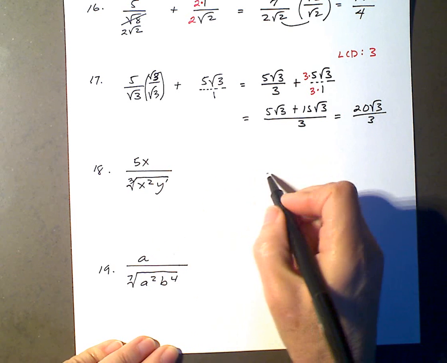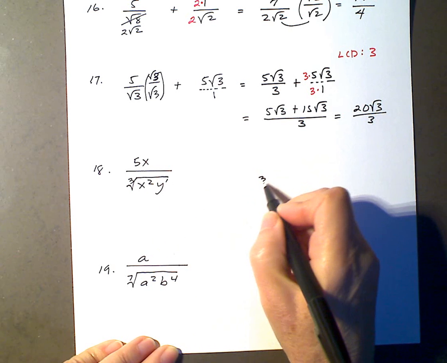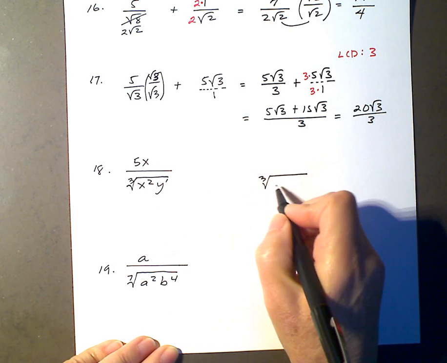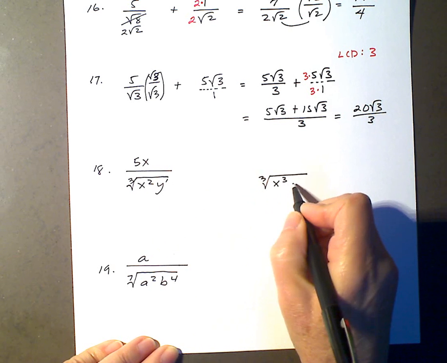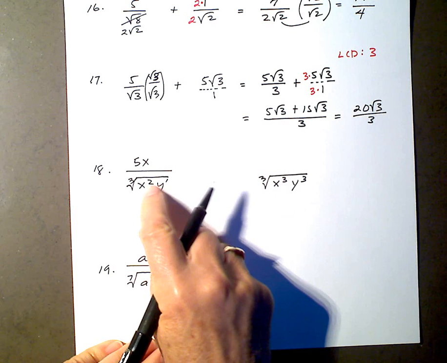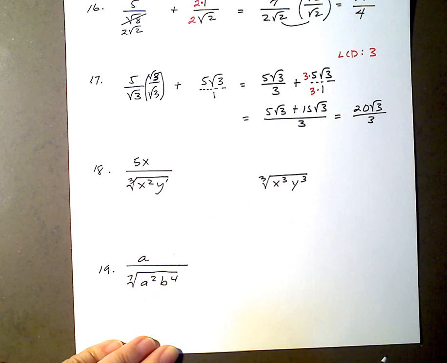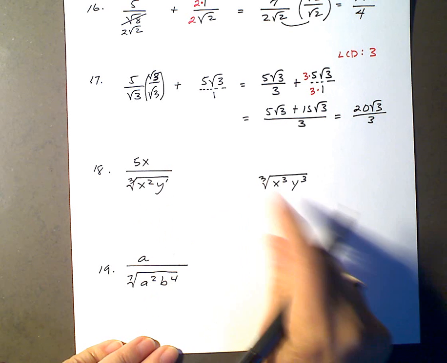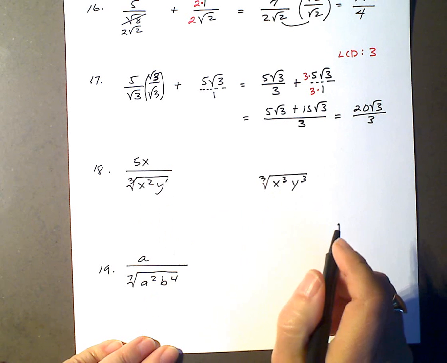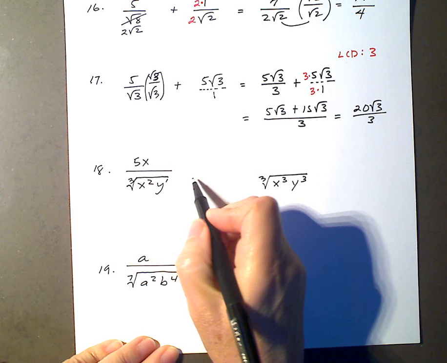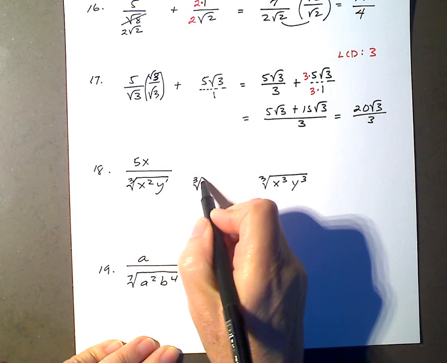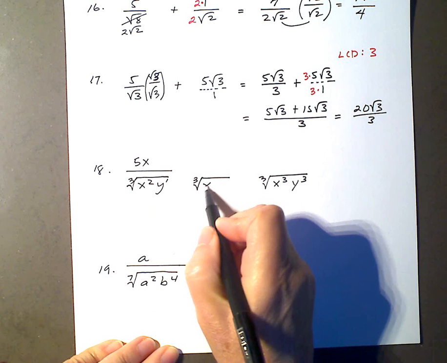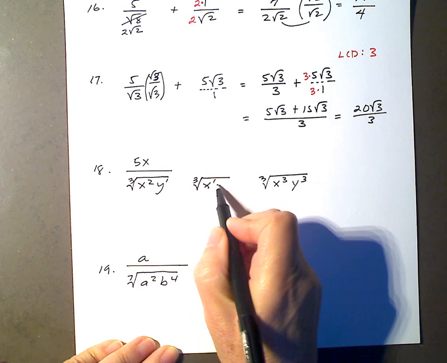So really my goal would be to get the cubic root of an x to the third and a y to the third, the next highest powers of those variables going up that are multiples of 3. So in order to do that, I'd have to multiply by the missing factors. For x, I would need 1 more power of x and 2 more powers of y.